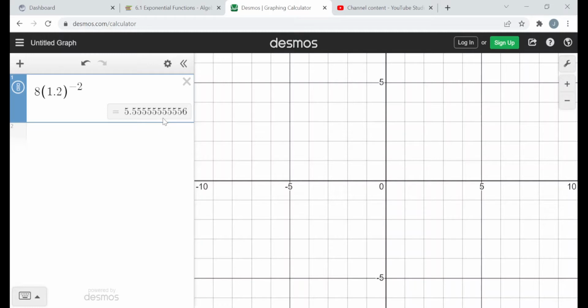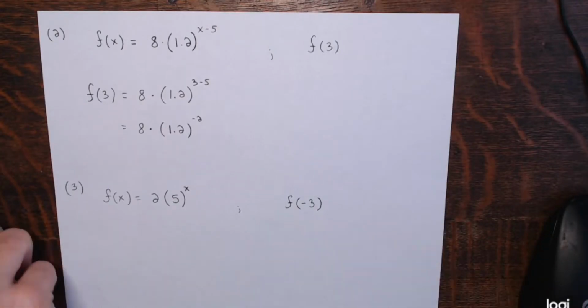It looks like 5 and 5/9. Probably something I could have calculated by hand, but still. If you round this to the nearest 10,000th, to 4 decimal places, you see the 5th decimal place is a 5, meaning I would bump the 4th decimal place up 1. So this would round to 5.5556.